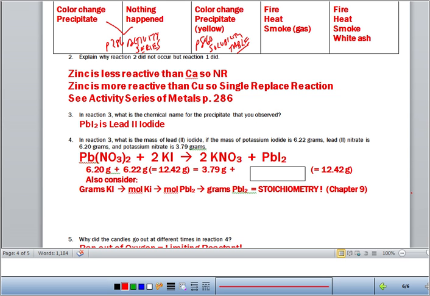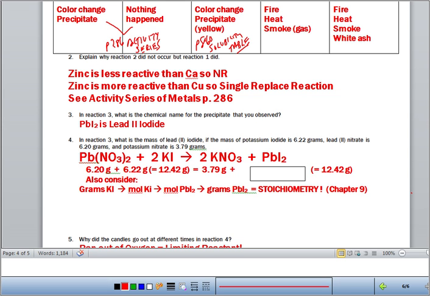In other words, same substance. If substance A has a mass of such and such, how many moles of substance A do we have? In reaction stoichiometry, which is what we're much more interested in for Chapter 9, we're actually able to convert moles of substance A to moles of substance B.